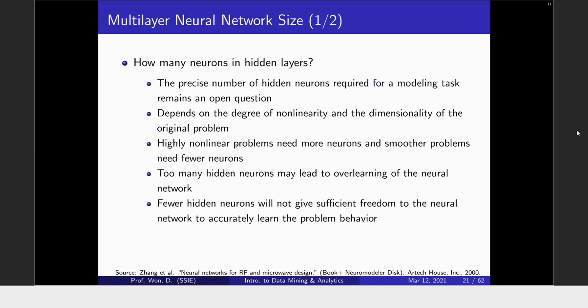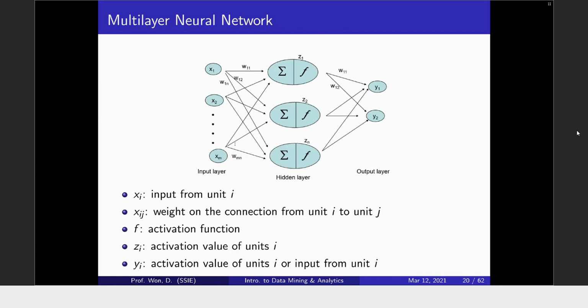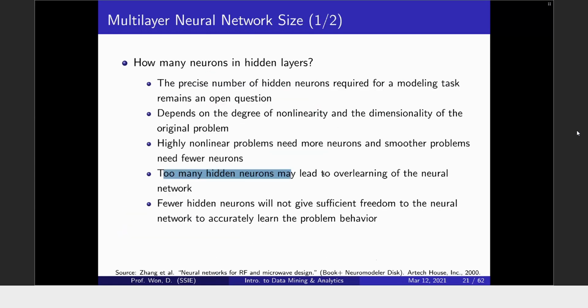Then why are we concerned about this? Because too many neurons lead to overlearning. Overlearning means the model is too complicated rather than optimal. If the model is too complicated, then it is likely to consider unimportant information, or what we call noise.